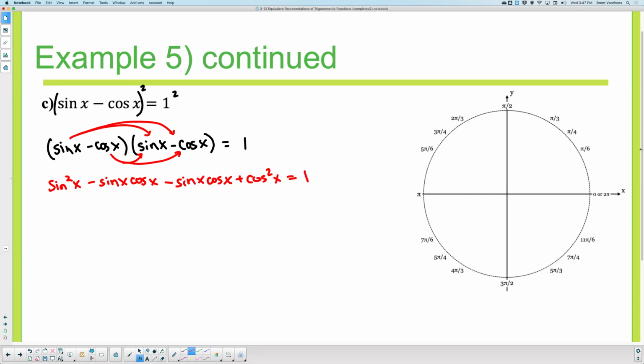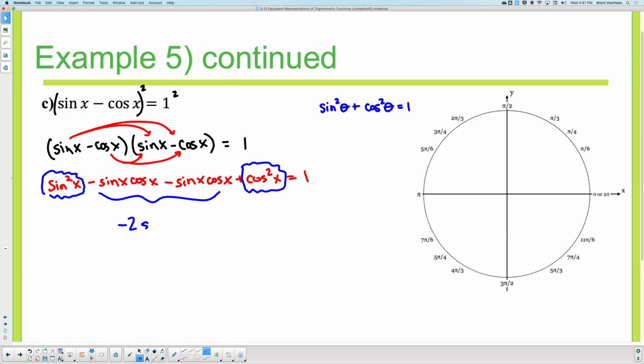Now, that might not seem like it did much, but this right here is a Pythagorean identity. That's sine squared plus cosine squared equals 1. We had earlier that sine squared theta on the chart plus cosine squared theta equals 1. And so what I'm going to do here is substitute in 1. These two, I want you to notice, are the same.